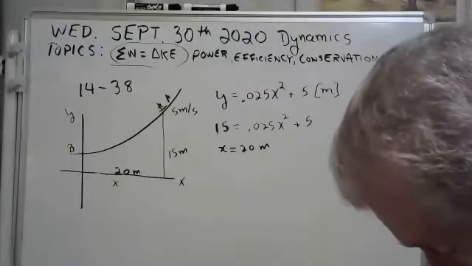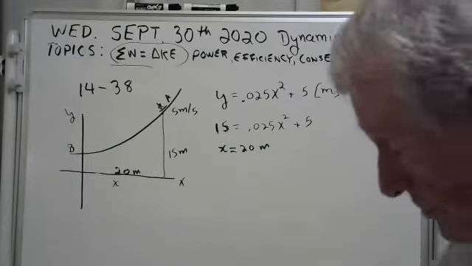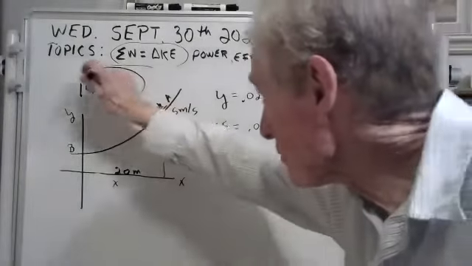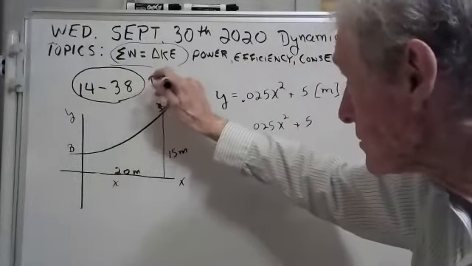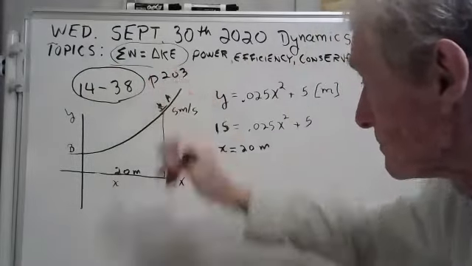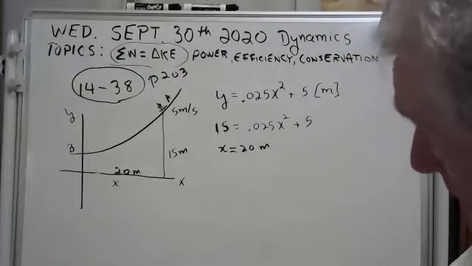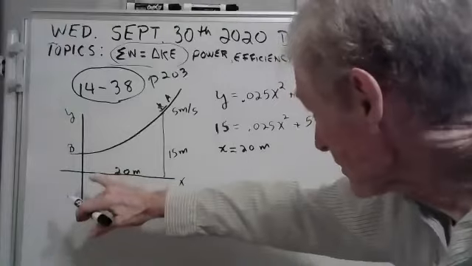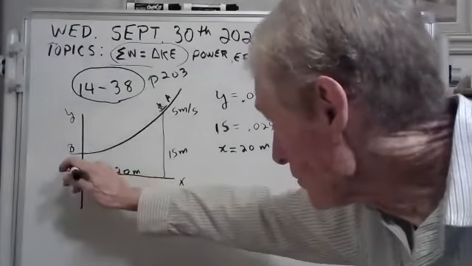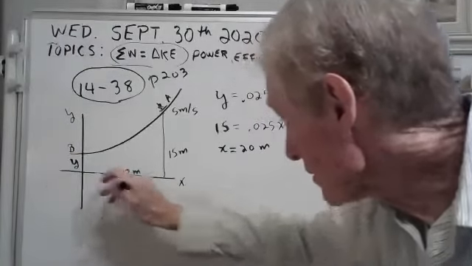Now, what do they want us to do? Let me read this again. If you just tuned in, we're doing problem 1438. It's on page 203. Stuart, since I got you on the line here, I want to know what this value of y is here.